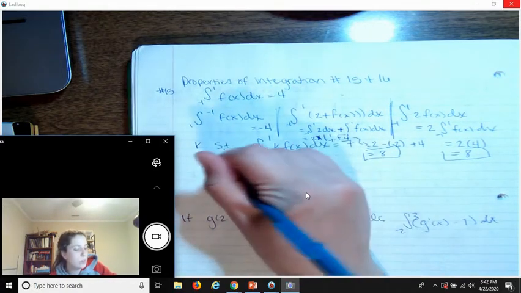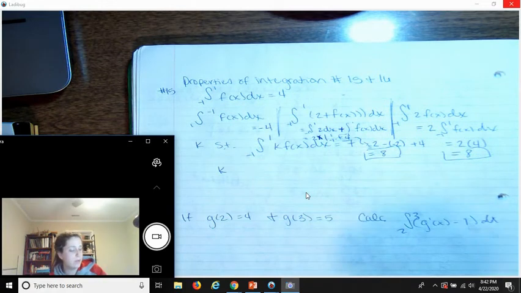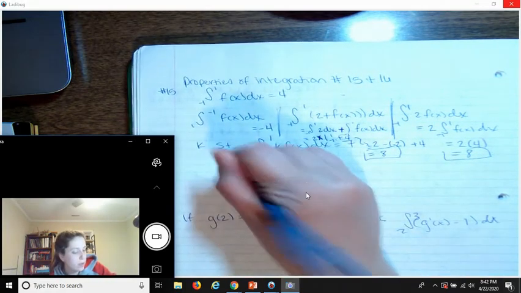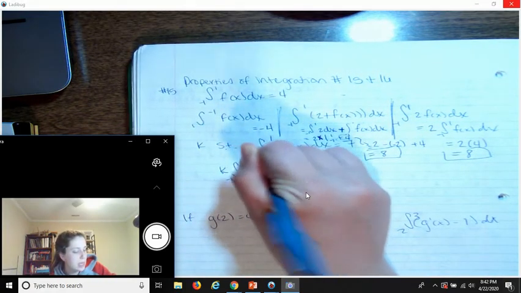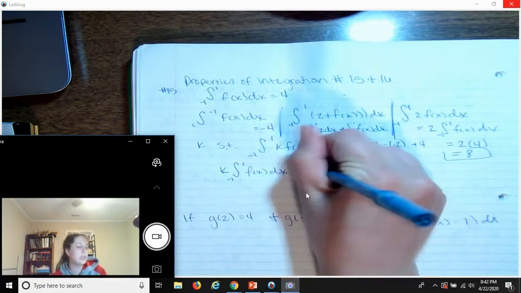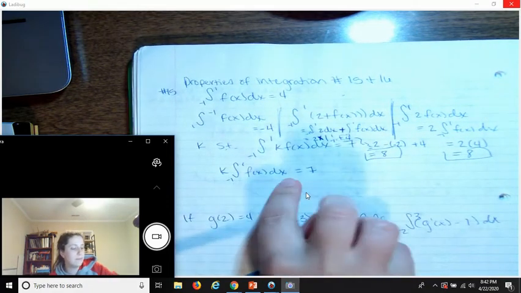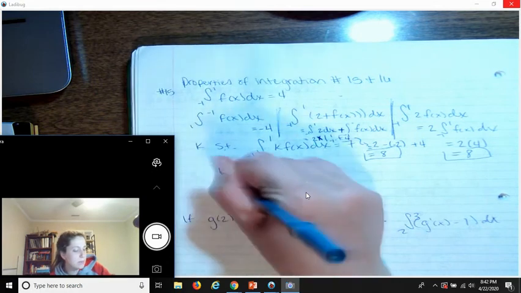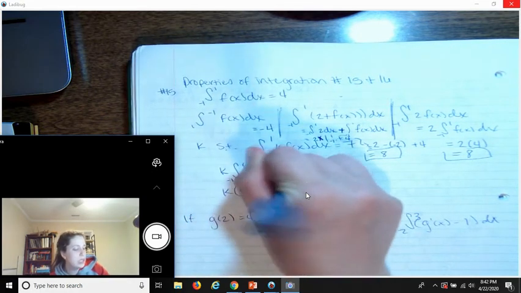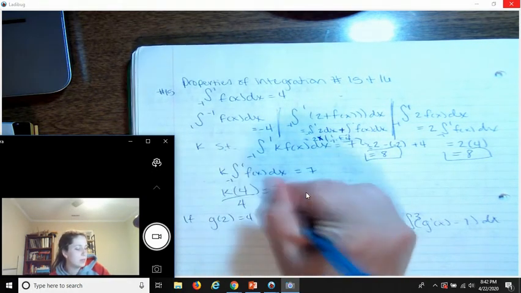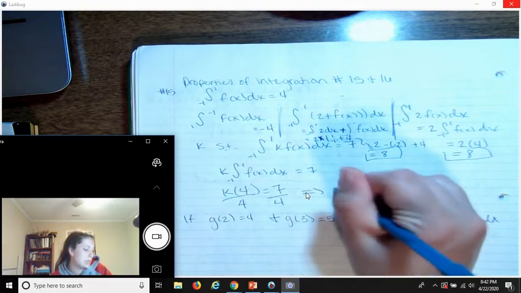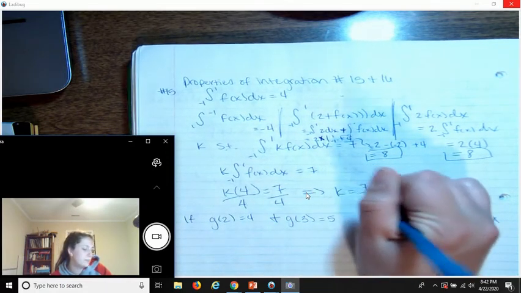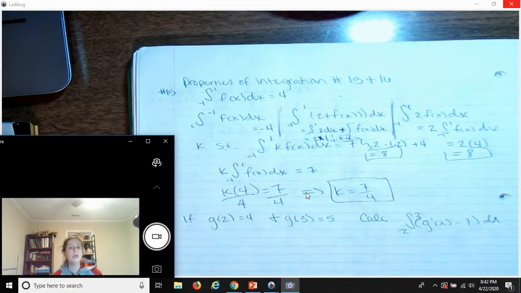So basically you can pull k out in the front of the integral, and then we have our -1 to 1 f of x dx, and that whole thing should be equal to 7. We know that this piece is 4, so k times 4 should be equal to 7. Solve for k by dividing by 4 on both sides, and you should get that k is equal to 7 over 4. Okay, so that's 15.